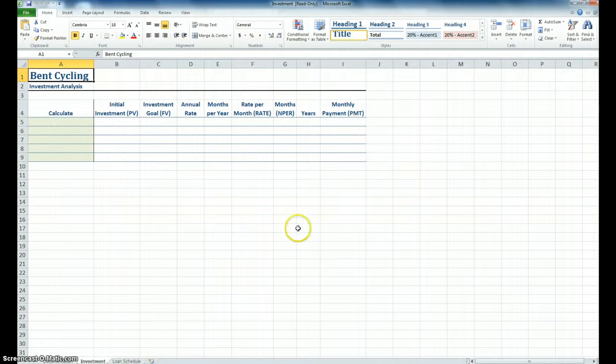The best way to describe what this section is all about is simply this. If you look at these 8 columns up here, the initial investment, investment goals, annual rate, and so on, the majority of these are all interchangeable. You remember those equations where it said A plus B plus C plus D equals a number?